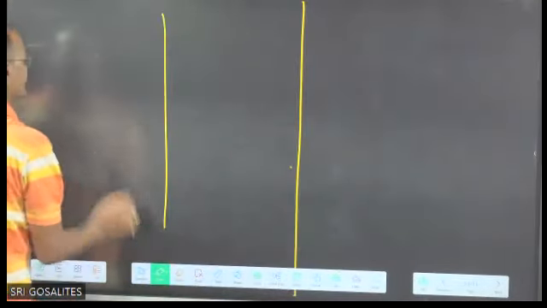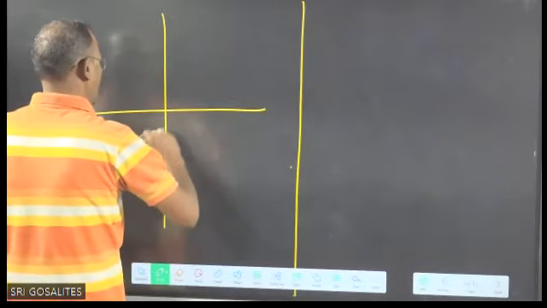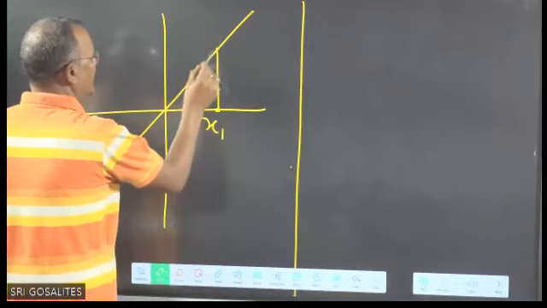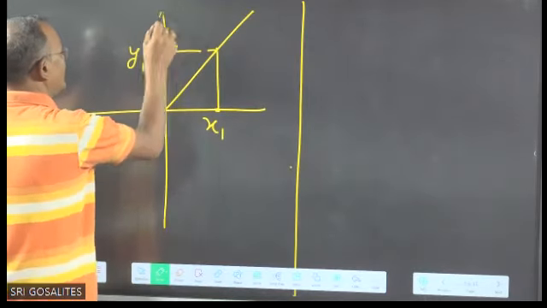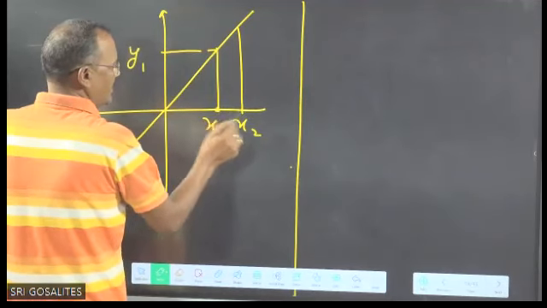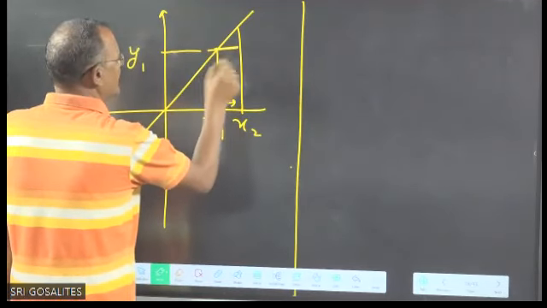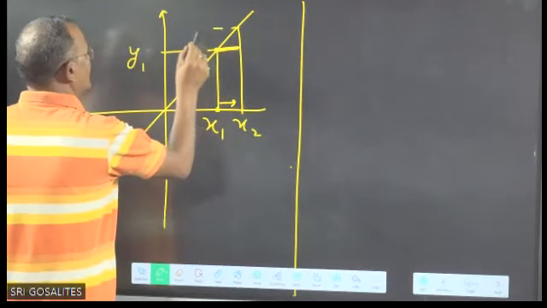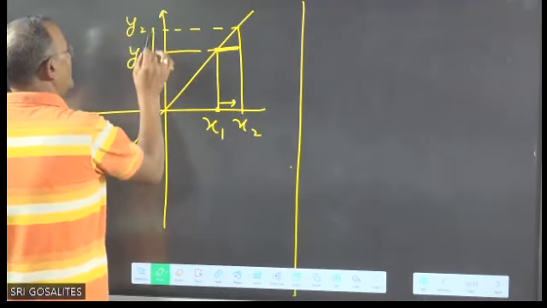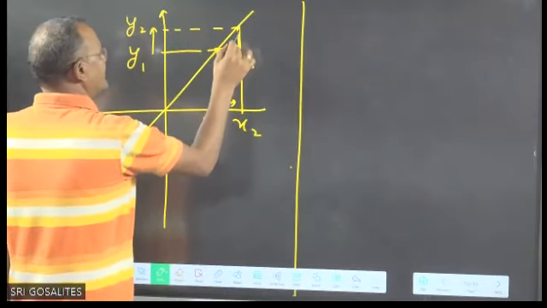Now see, in the case of another line, which we discussed yesterday, which was passing through the origin. Suppose here is the x1 value and I got this value as y1. If I increase the x from x1 to x2, y becomes y2. Means y is also increasing.